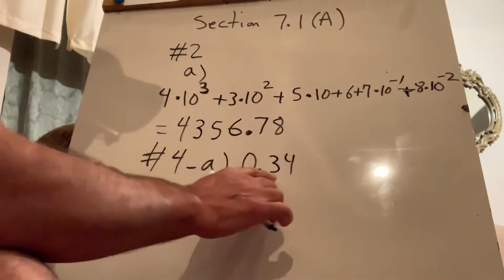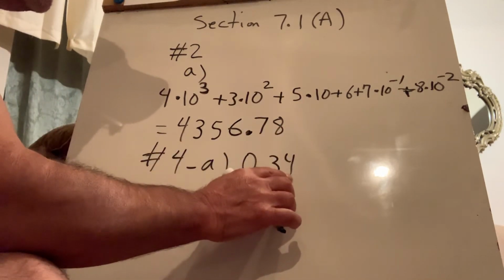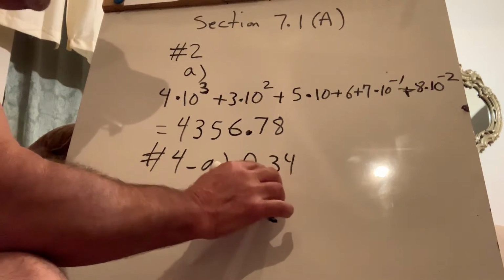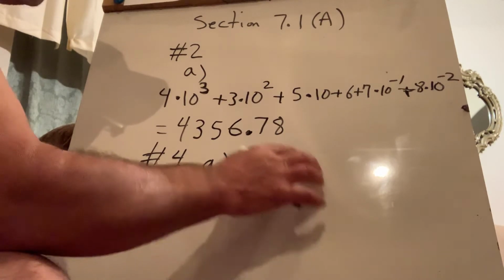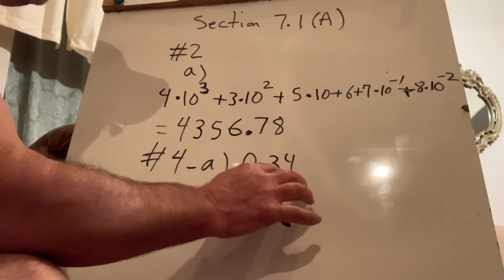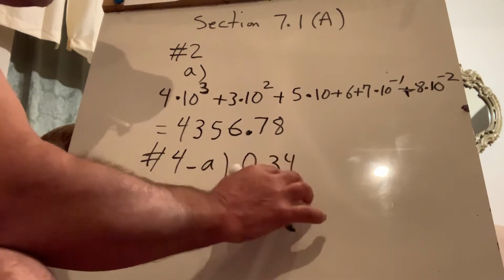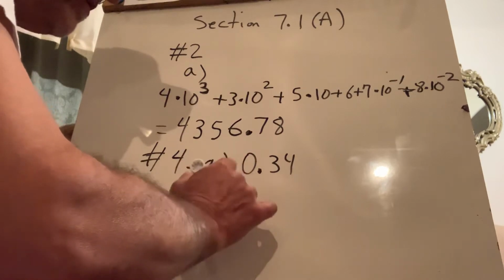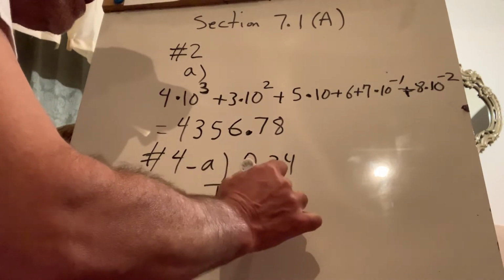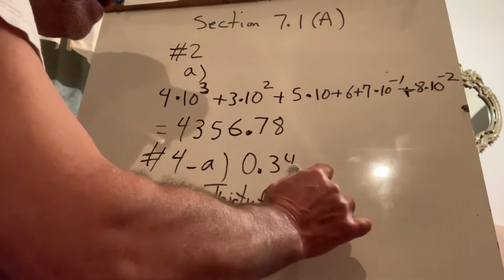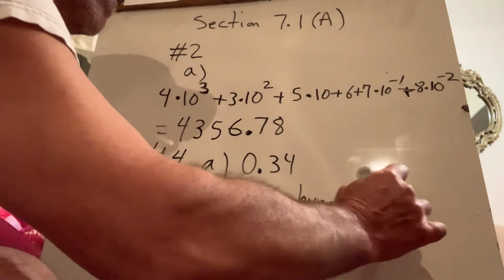0.34, which of course, remember, you look at the last digit, the position of that is in the 100th place. This is the 10th, 100th. So the way you do it, you just read the whole number, except you use the position of its last digit. So it will be 34 hundredths.